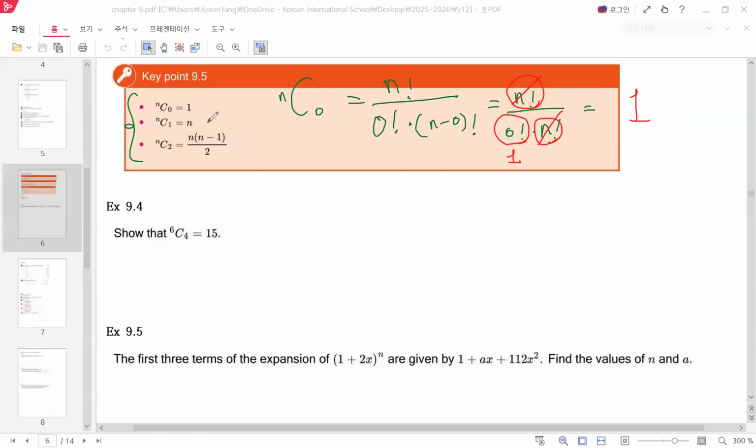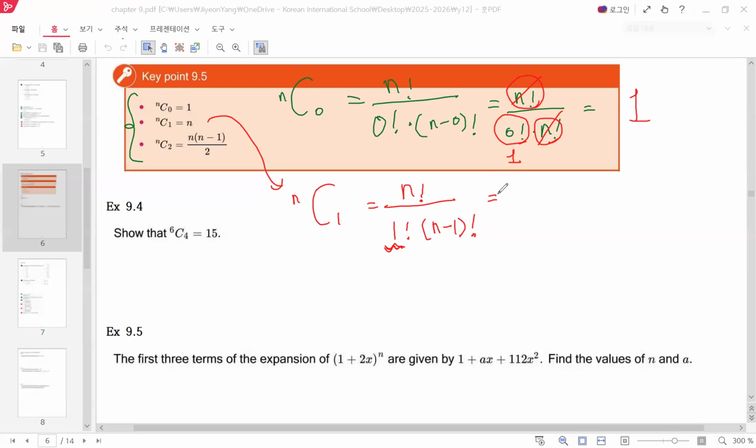The second one, n combination 1 equals n factorial divided by, you need to substitute 1 to r, so 1 factorial times n minus 1 factorial. And then, students, again, n factorial divided by n minus 1 factorial.